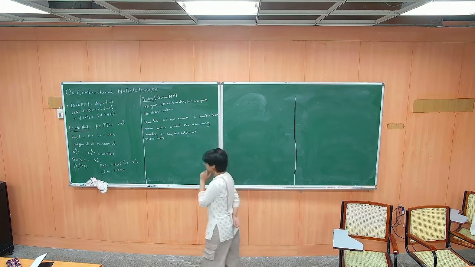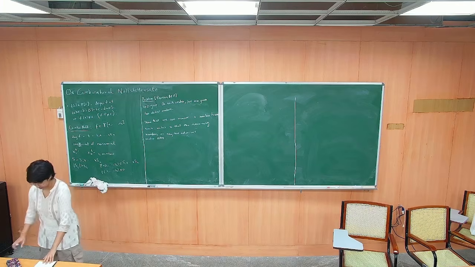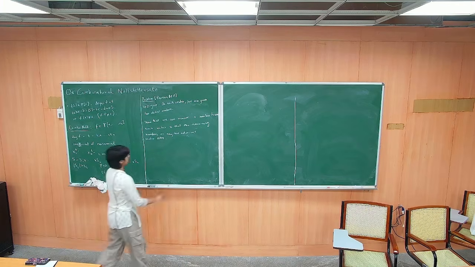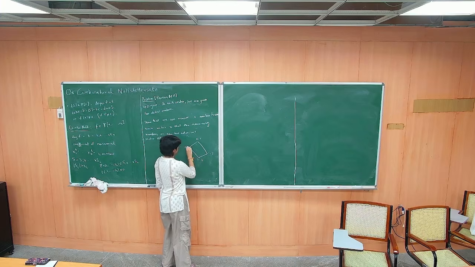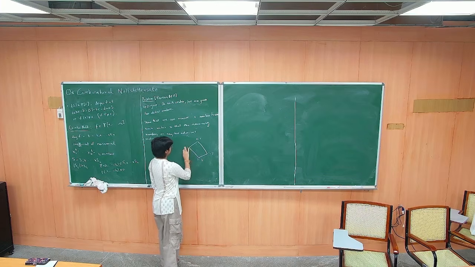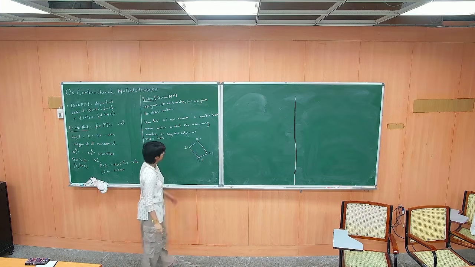So I took an example for this. Let's just say I have a square and I write 0, 1, 1, 2, 0, 1, 2.